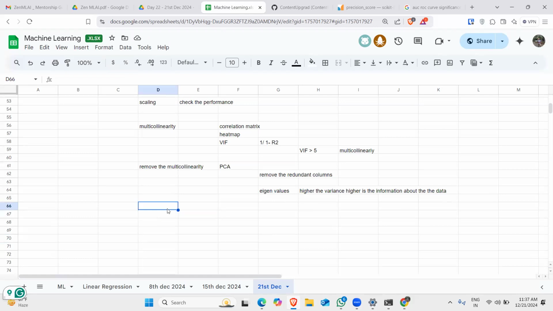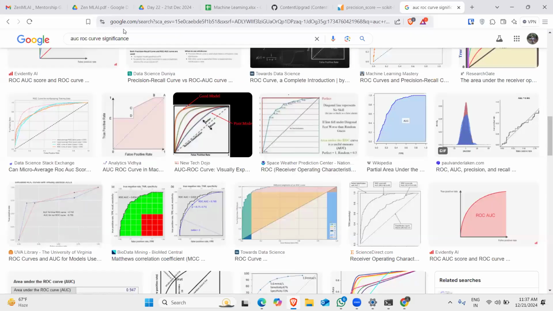Once data pre-processing is done, there might still be a chance that we need to perform some transformations like log transformation, Box-Cox, and something like that. If you just search for transformation, you'll be able to find this.